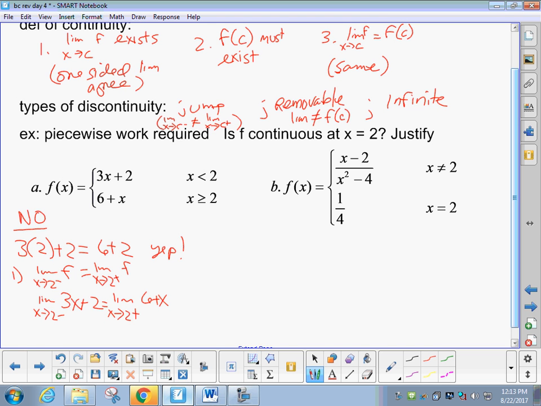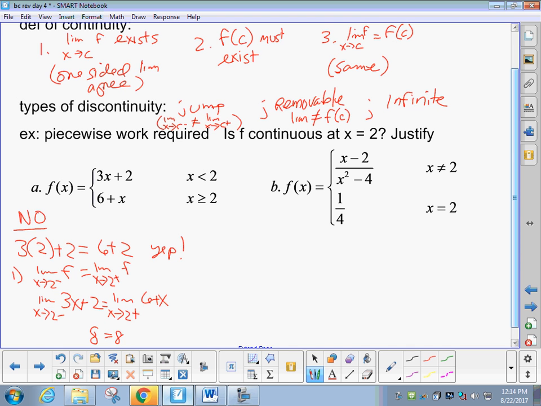What's the left-hand limit? 8. And the right-hand limit? 8. Okay. I have satisfied the first condition. Does the limit exist? Yes. The left hand and right hand are approaching the same thing.